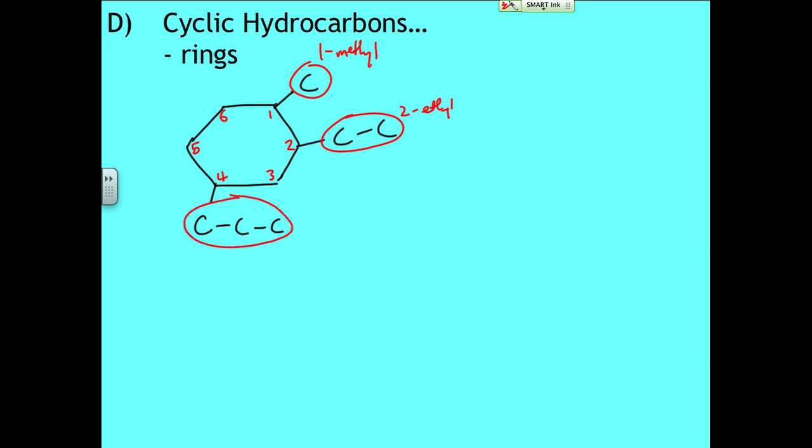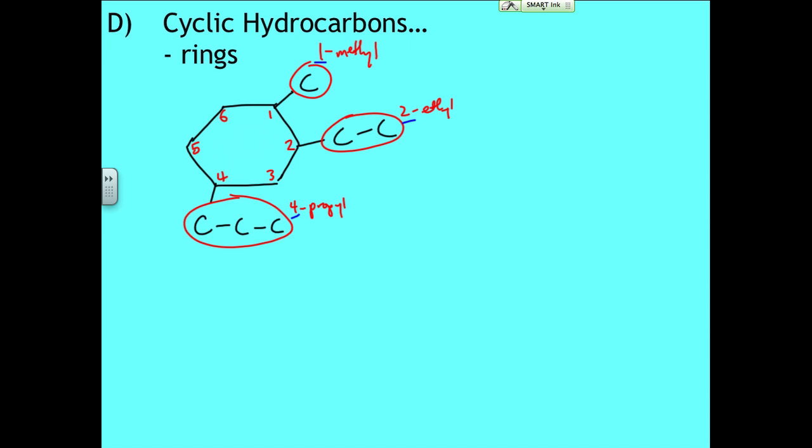And this is, of course, 4-propyl. Notice that if I numbered a different way, like if I started numbering right here, 1, 2, 3, 4, this would be off the 1, the 3, and the 4. Notice that 1, 2, and 4 are lower numbers. So we want to number them so that the branches are off of the lowest numbered carbons.